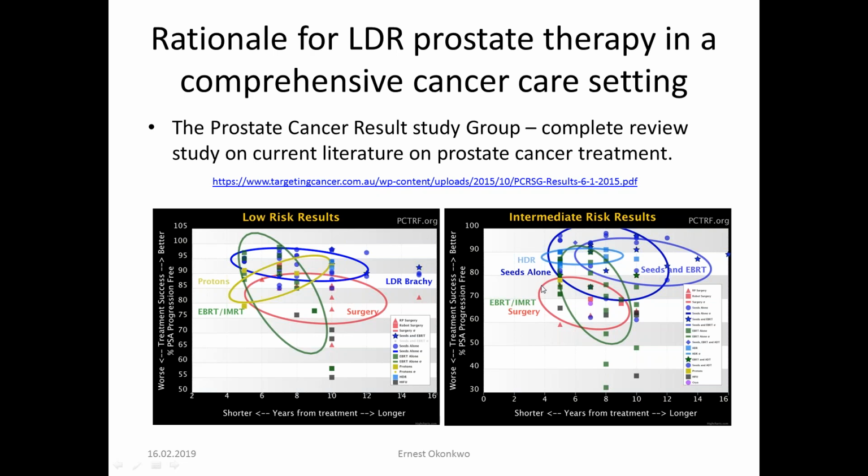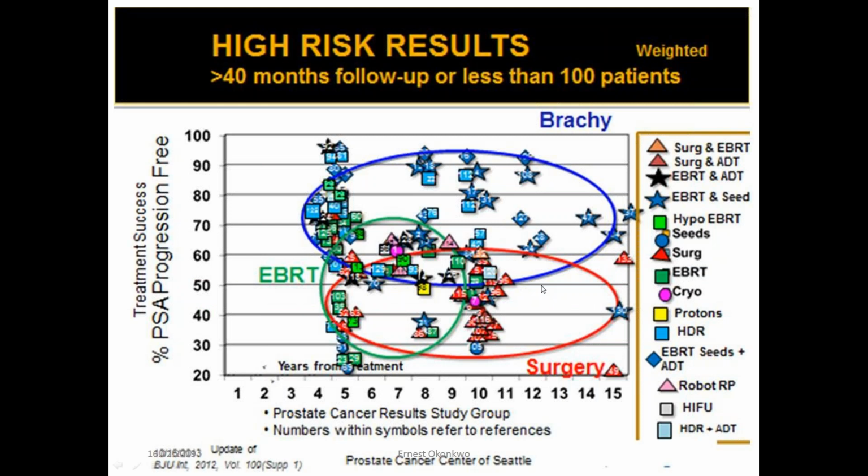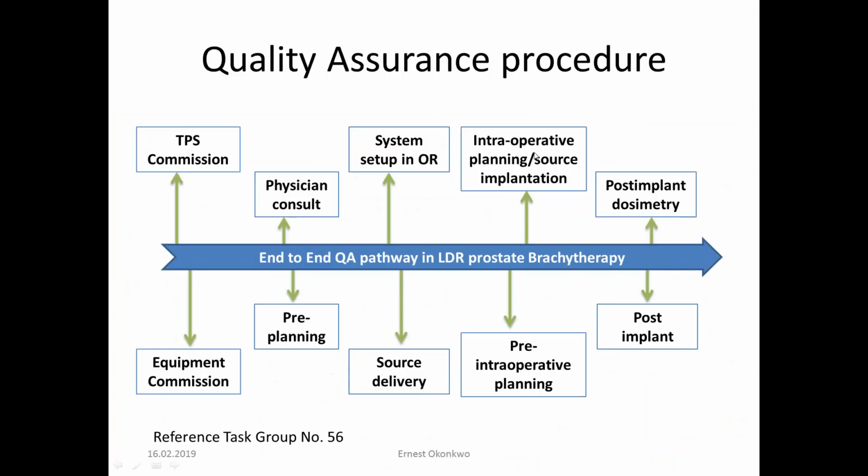So I move now to the quality assurance procedure. As Professor Hesser mentioned, it's quite a deceptive procedure with many blocks that one has to take care of when it comes to quality assurance.